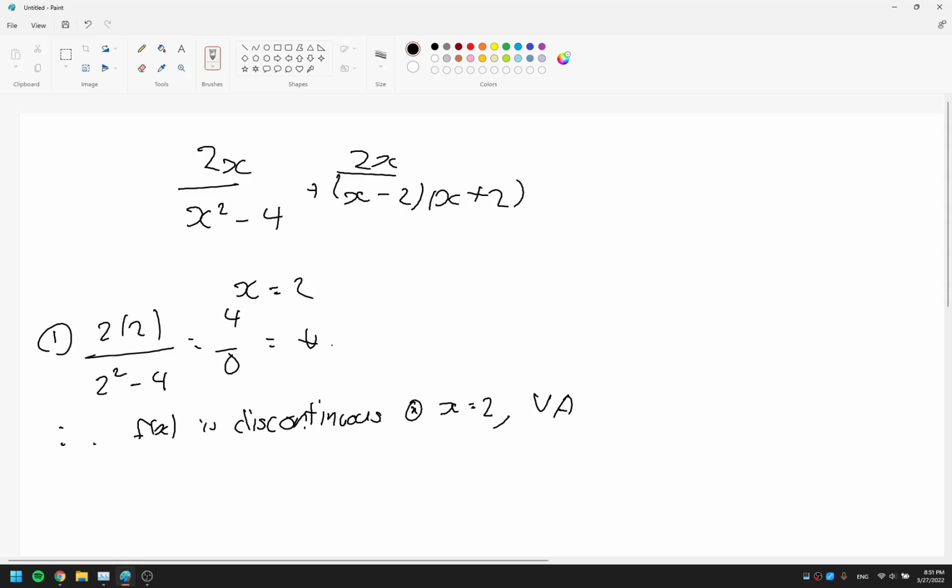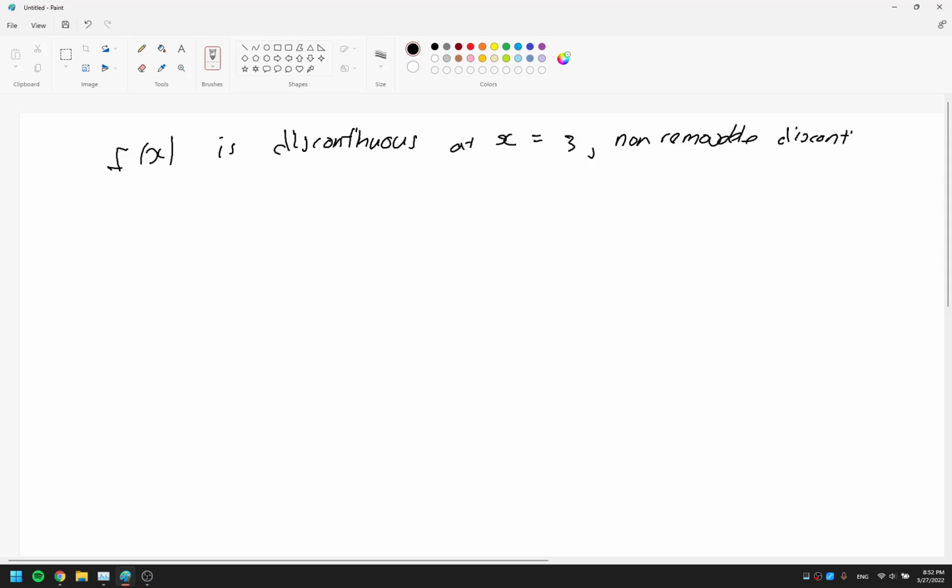I don't think I put the conclusion for the last one, so f of x is discontinuous at x equals 3, a non-removable discontinuity.